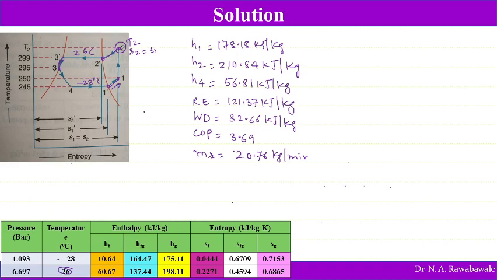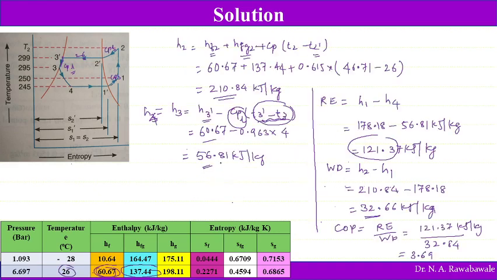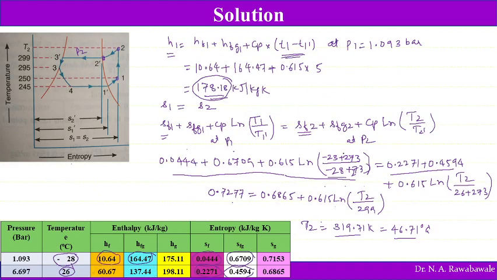So this is to be remembered. One very important thing in this problem is that when we find the entropy, the temperatures in the numerator and denominator of the natural log must be in degrees Kelvin. If these are kept in degrees Celsius, the answers will go wrong.